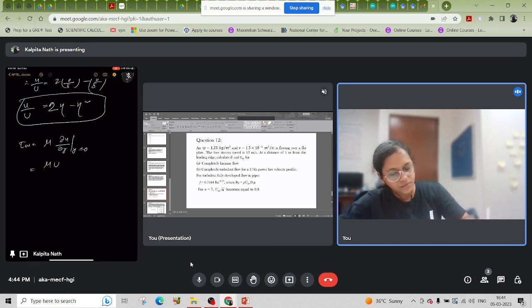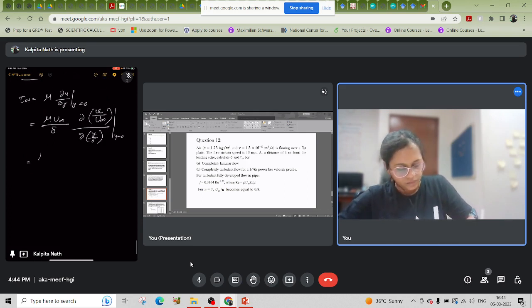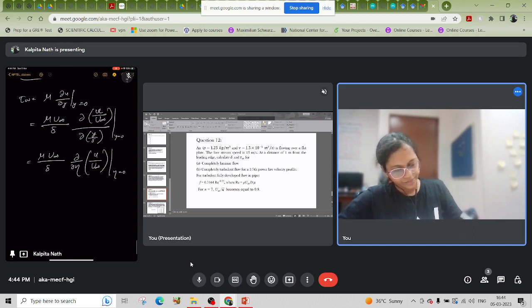This is mu u infinity by delta. Del small u by capital U infinity by del y by delta. This is y0. Mu u infinity by delta del eta of small u by capital U infinity, at eta equal to 0.